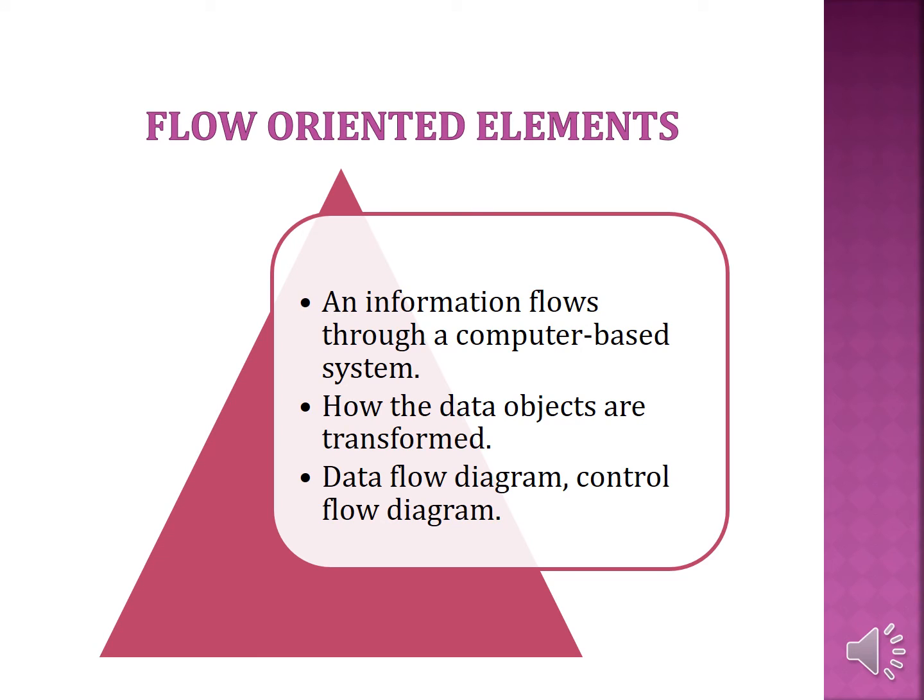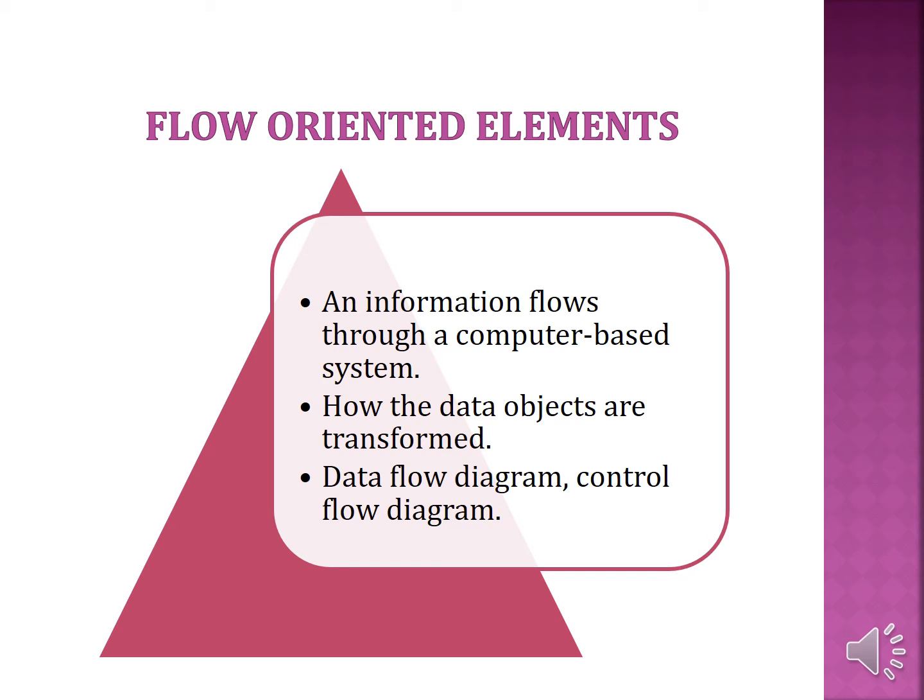Then the last element, that is the flow oriented elements. Information is transformed as it flows through a computer based system. The system accepts input in a variety of forms, applies functions to transform it, and produces output in a variety of forms.